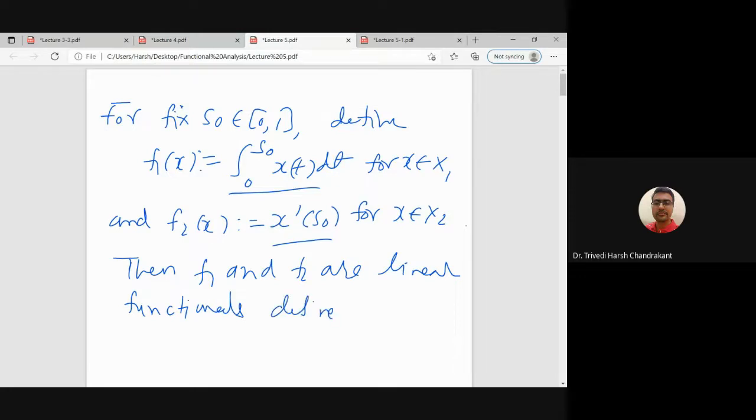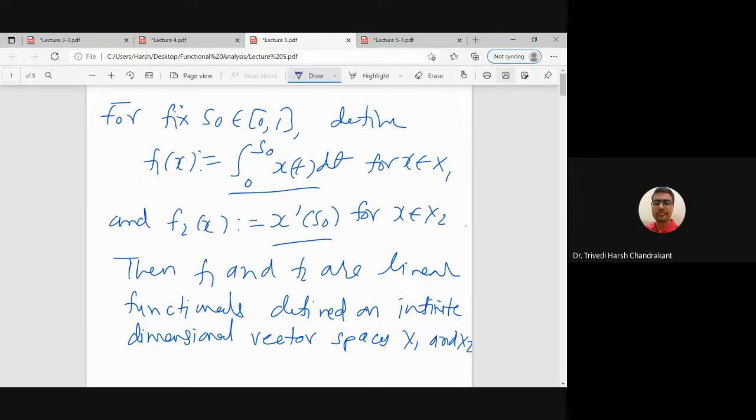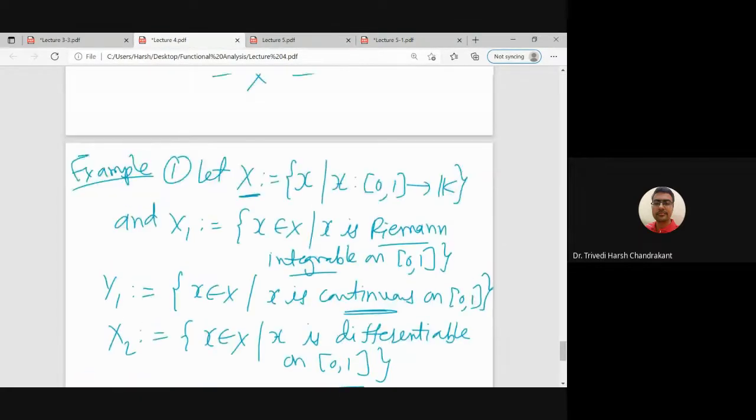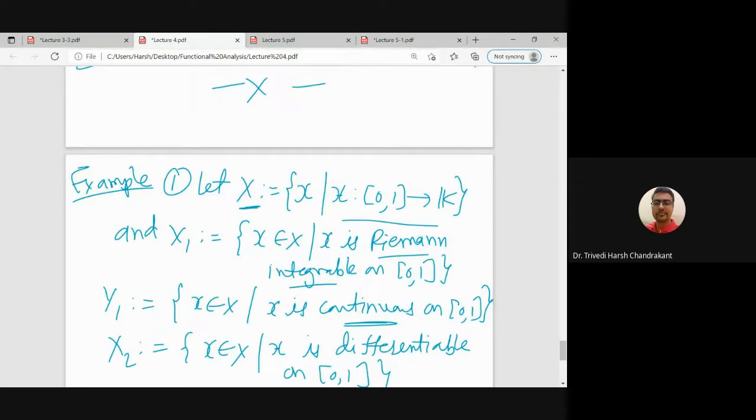defined on infinite dimensional vector spaces x1 and x2. So x1 and x2 are infinite dimensional. Because what is x1? x1 is a set of all continuous functions.